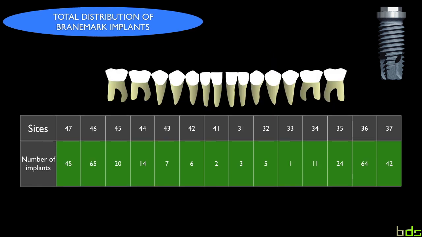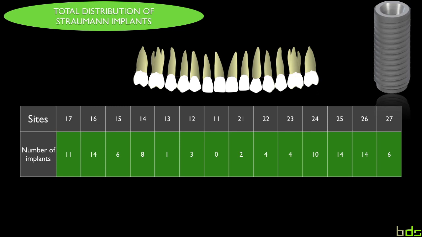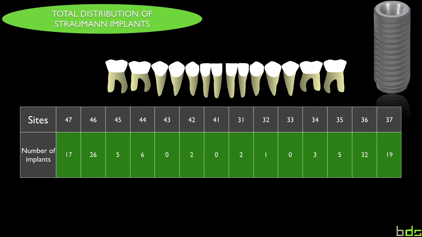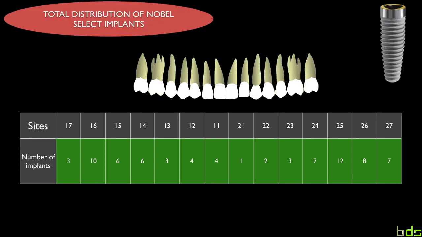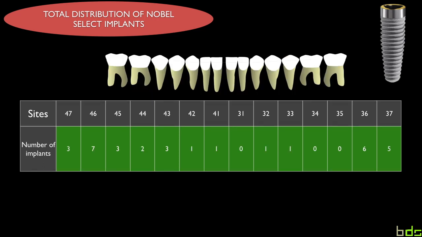In the mandible also, about the same sites, about the same number of implants in each site. For the Straumann implants, also quite similar distribution, and for the Select implants, quite similar distribution. So the sample was good. We had a good distribution, a good number of implants, and a good observation period.